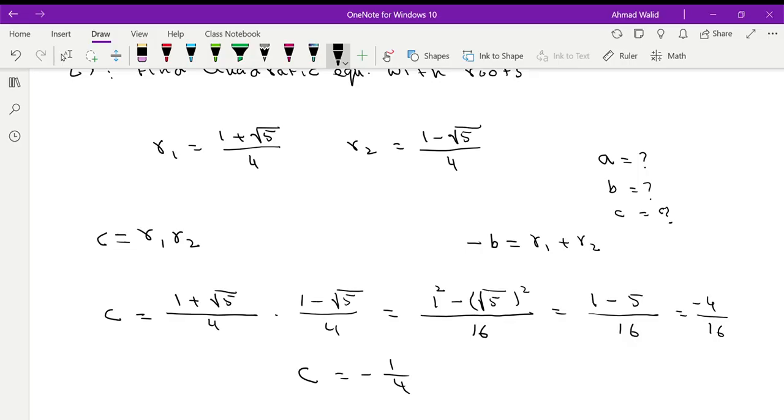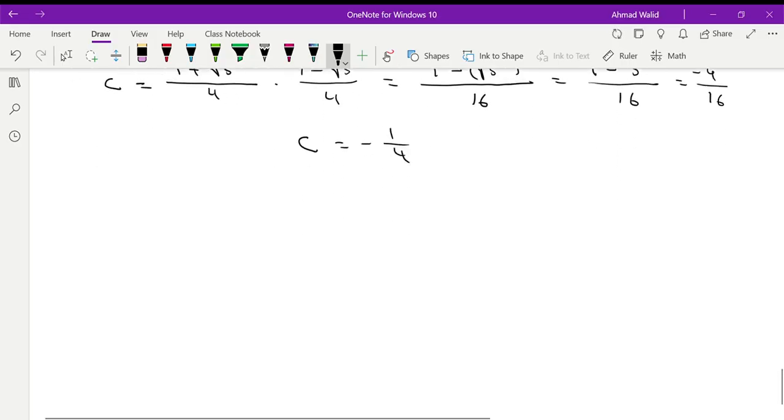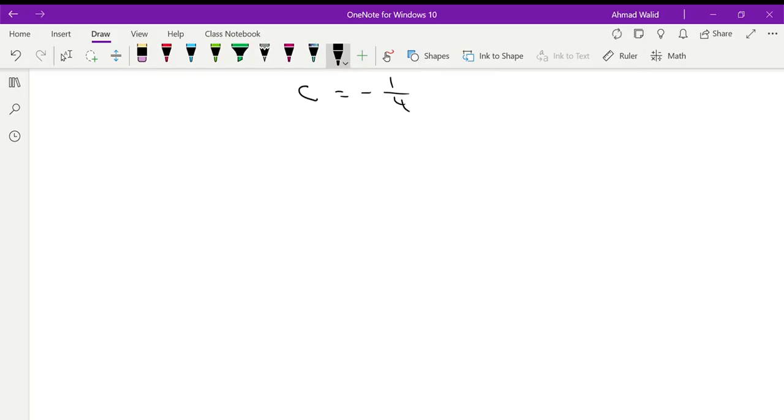Correct? Now let's add. Negative b equals R1 plus R2. It means 1 plus square root of 5 over 4 plus 1 minus square root of 5 over 4. Denominators are the same.